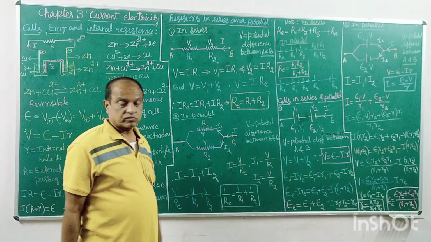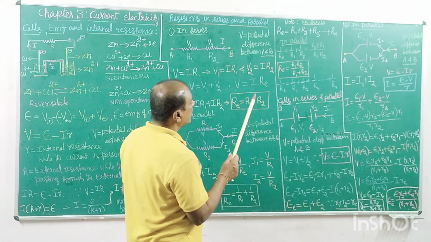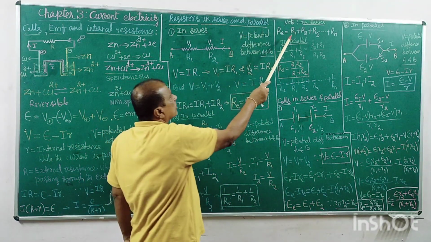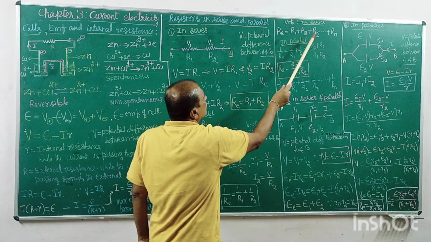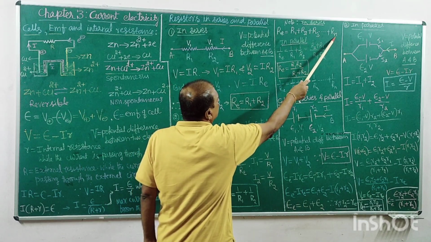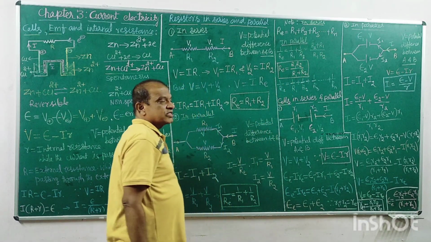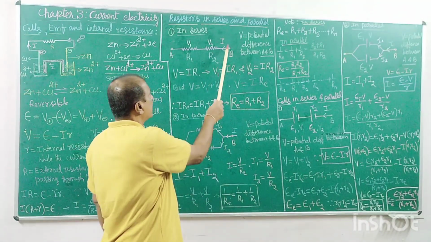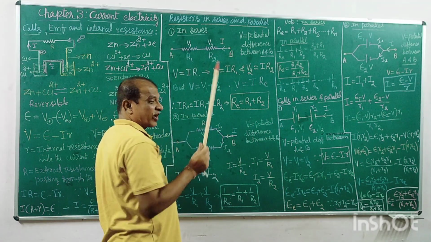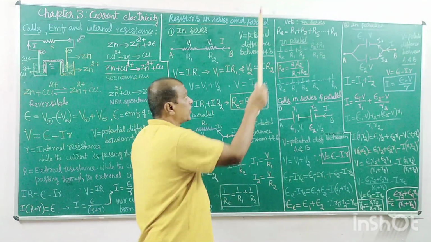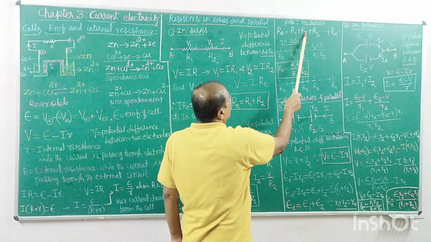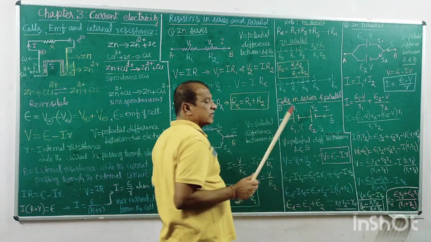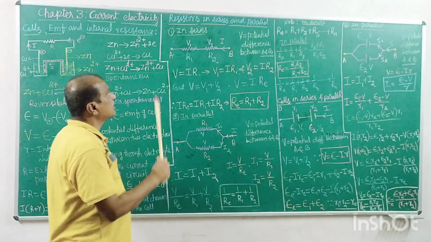If there are many resistors like this, 1, 2, 3 and so on up to n, what is the total resistance in this conductor, or effective resistance? Just sum them up. Sum of all the resistances. That is for a series.